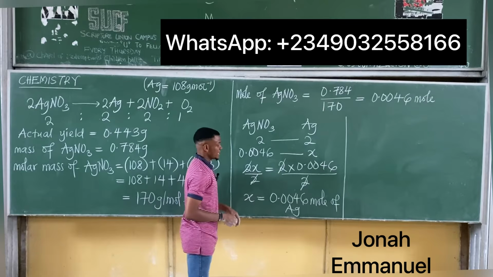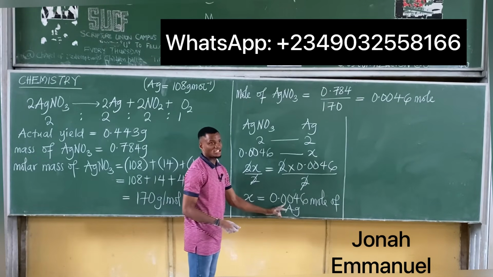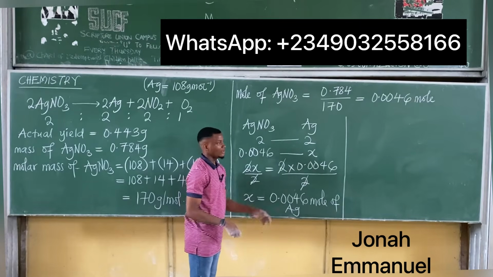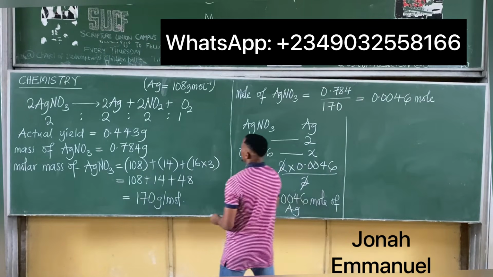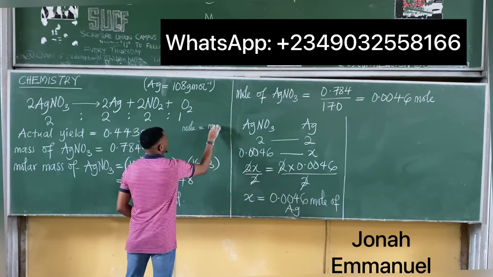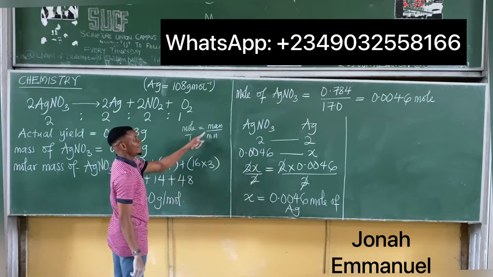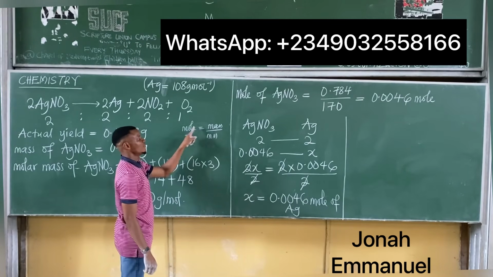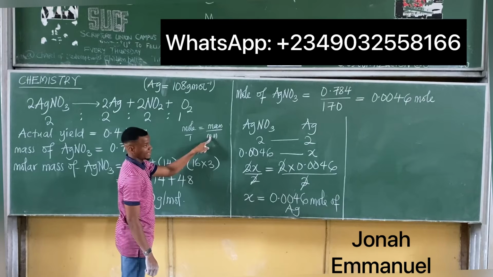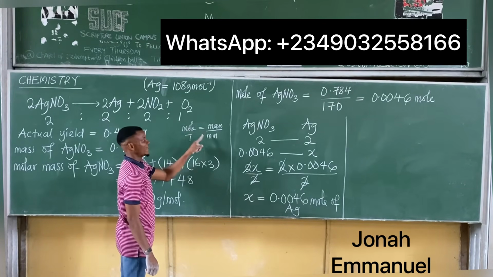So if I've gotten the mole of this, my task now changes to mass. We know that mole is equal to mass all over molar mass. To get mass, simply multiply mole by molar mass.